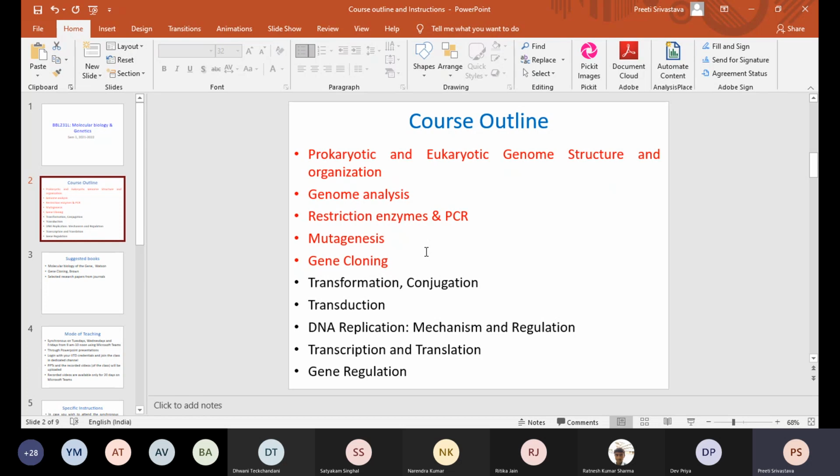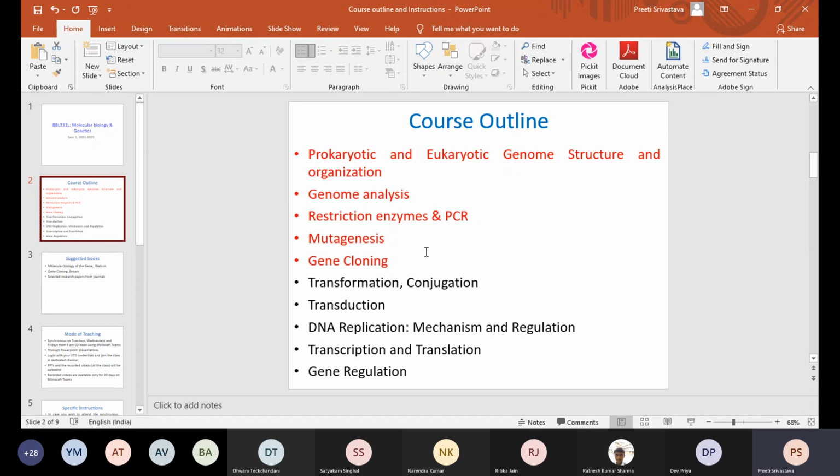How can we actually make changes in the genome of the cell? We are going to discuss the various methods of transduction, for example generalized transduction and specialized transduction, and which one to use when you want to introduce a gene. Those things we are going to discuss in detail, and I'll try to give certain examples for all of these.